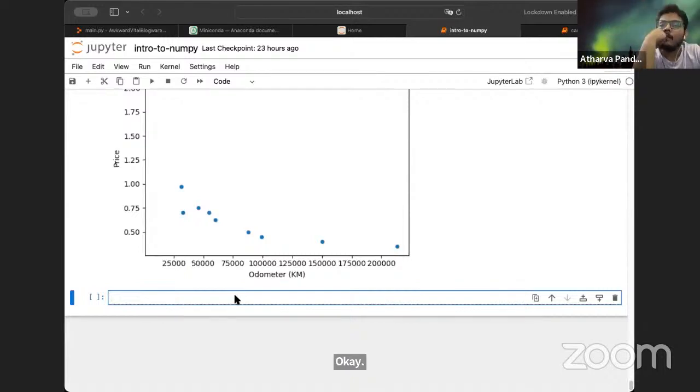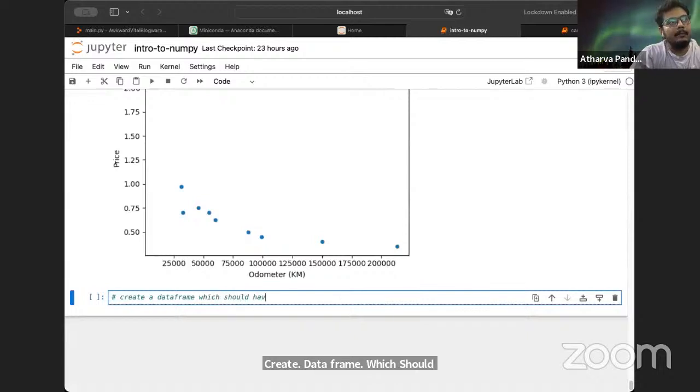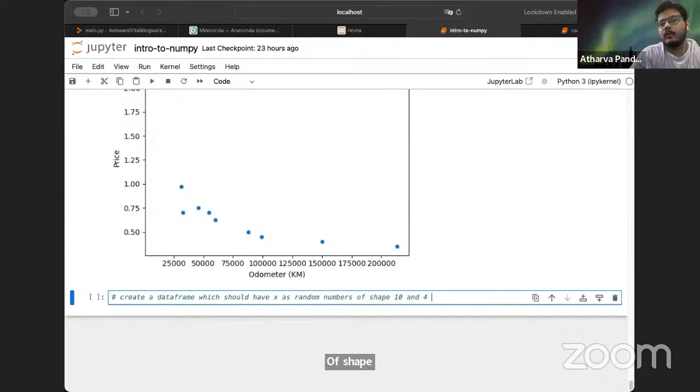Okay, guys. Another one. Create a data frame which should have X as random numbers of shape 10 and 4.